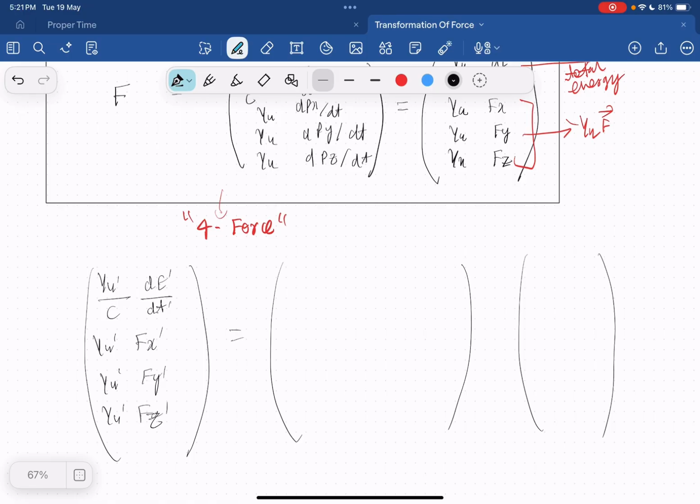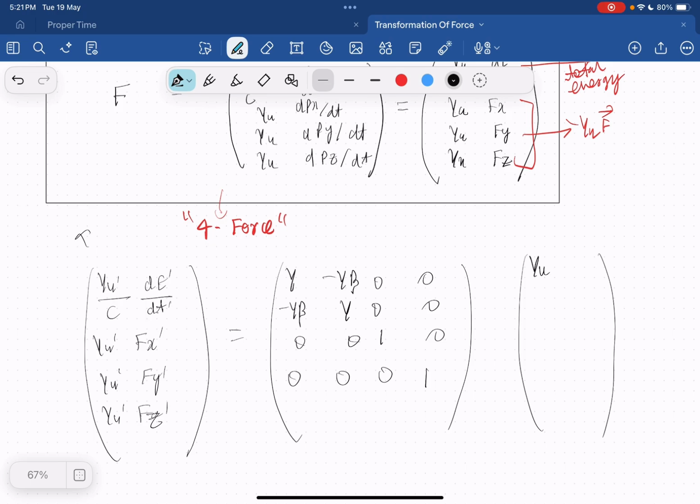We have this, and we have the Lorentz transformation matrix here, which goes like gamma, minus gamma beta, 0, 0; minus gamma beta, gamma, 0, 0; 0, 0, 1, 0; 0, 0, 0, 1. And here we have the components of the 4 vector in S frame.